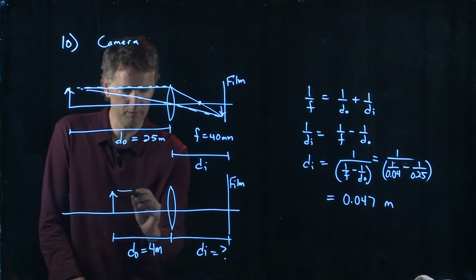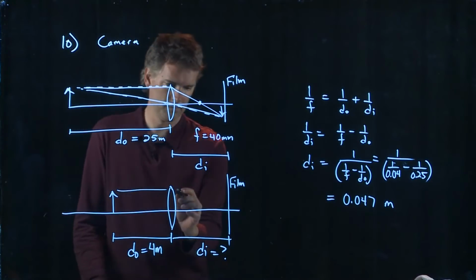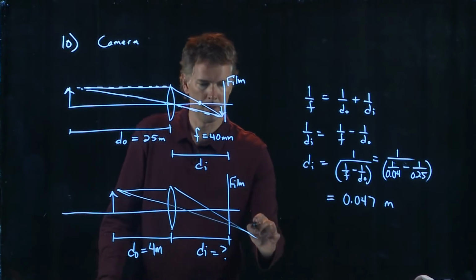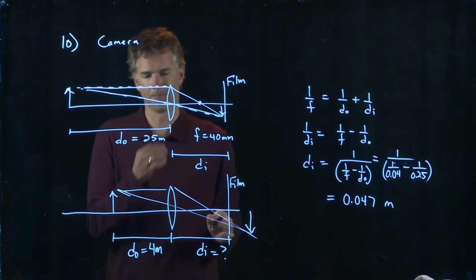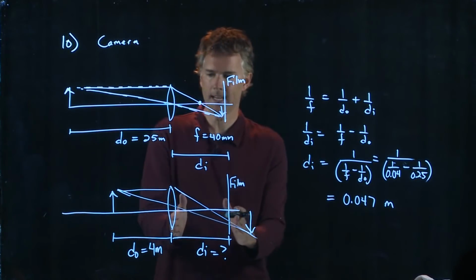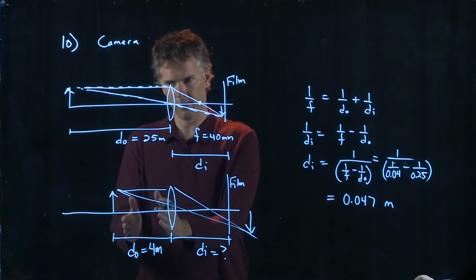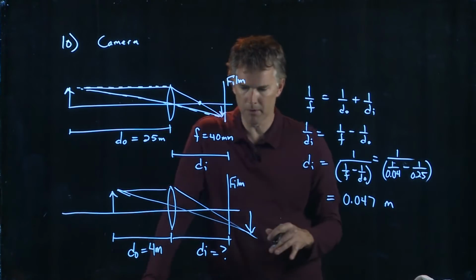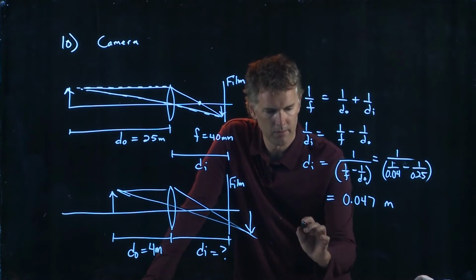It would, in fact, move further away from the focus. Okay, so you still follow your lens rules, but the image would be out here. And so, in fact, I need to move that lens further away from the film. But since they give us all those numbers, we can just calculate it, right?